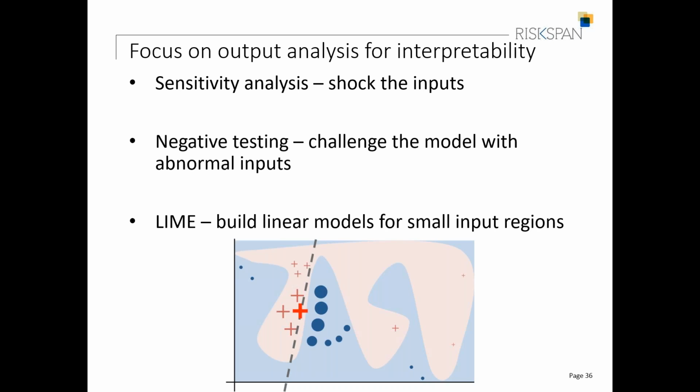And then the third method we have down here is LIME, or Local Interpretable Model-agnostic Explanations. This, in my mind, is essentially building a simple model on your model results to help understand how the model is working.